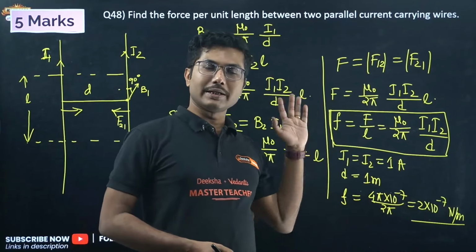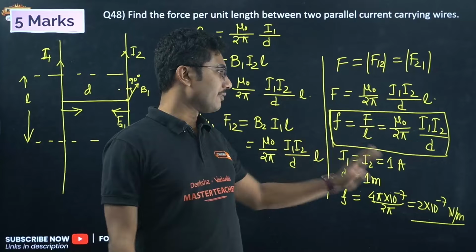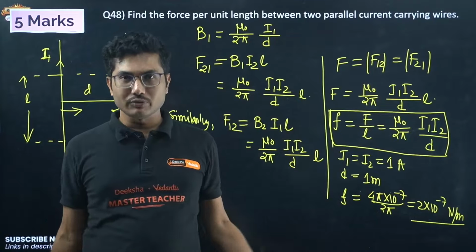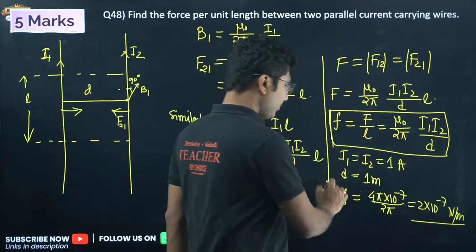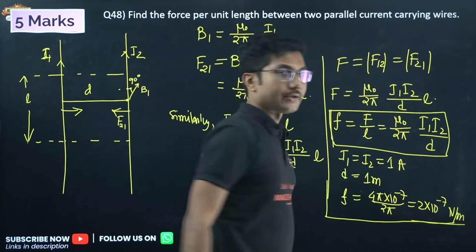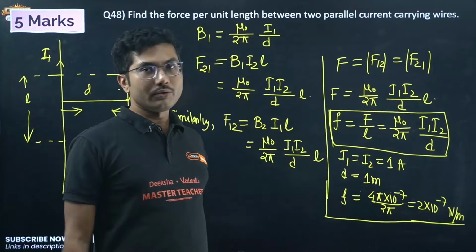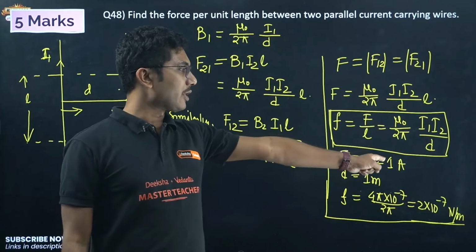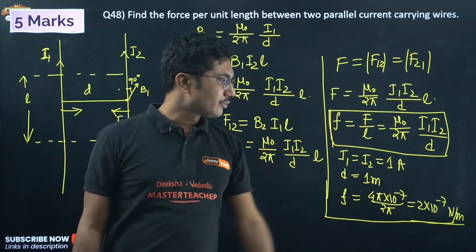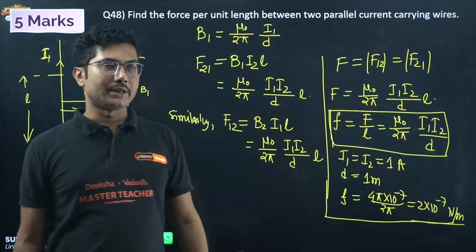That is the definition of 1 ampere, the electrical definition in terms of force. Generally 1 ampere is 1 coulomb per 1 second, but this is another definition in terms of force. We always try to relate everything with force, because force is something we know well. Remember this. If you put I equal to 1, then F will come out to be 2 into 10 to the power of minus 7 Newton per meter, and then you write the statement.